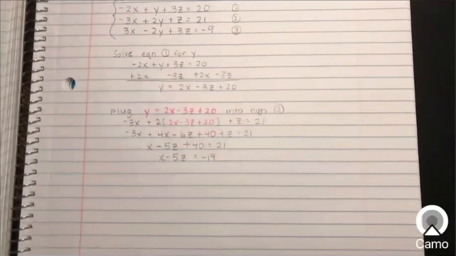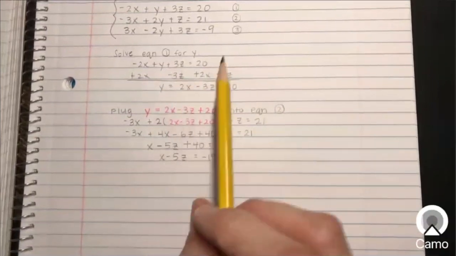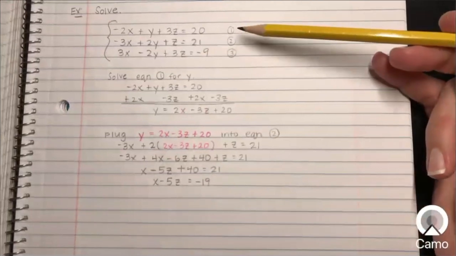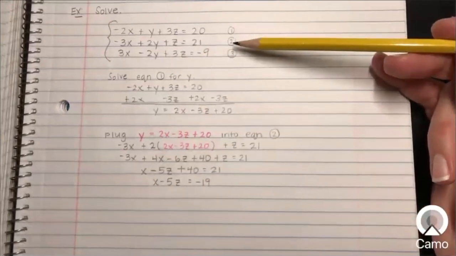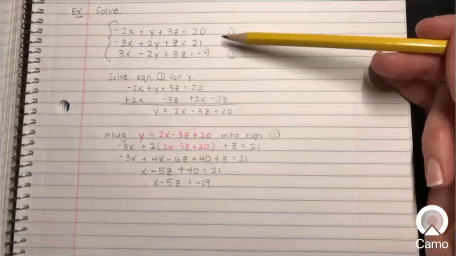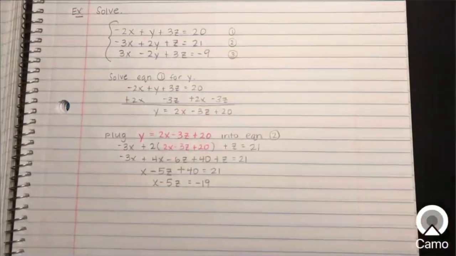Now I'm going to plug this y into equation 3 as well. Remember, what I've done is rewrite equation 1, plug equation 1 into equation 2, and then also plug this into equation 3. So I'm essentially rewriting these last 2 equations to eliminate that y variable, and that will help me to solve.